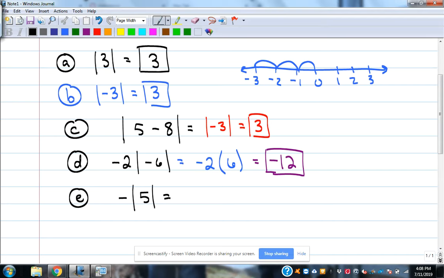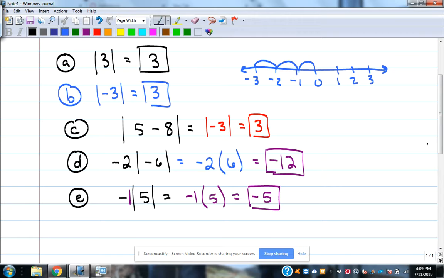It's +5. But really, this negative in the front is like a -1 sitting out there waiting to multiply. So it's really -1 times the absolute value of 5, which is 5. And then that gets us -5 as an answer. So you've got to be careful of that. Just simple things that can sometimes cause us a little issue with this.